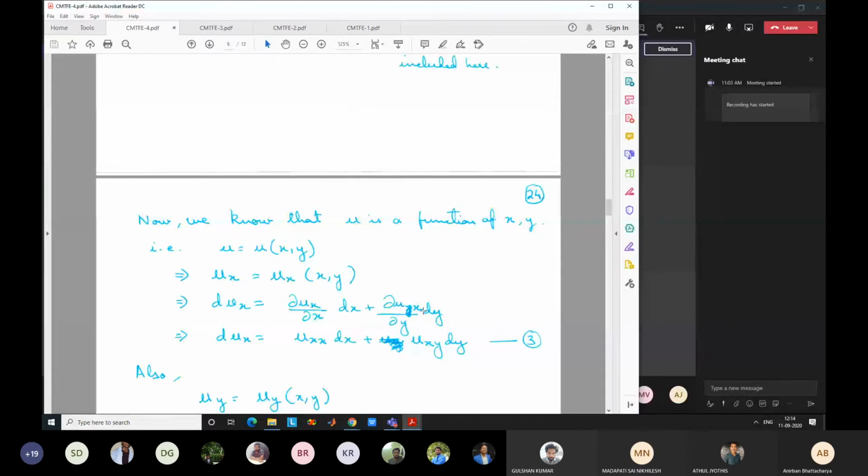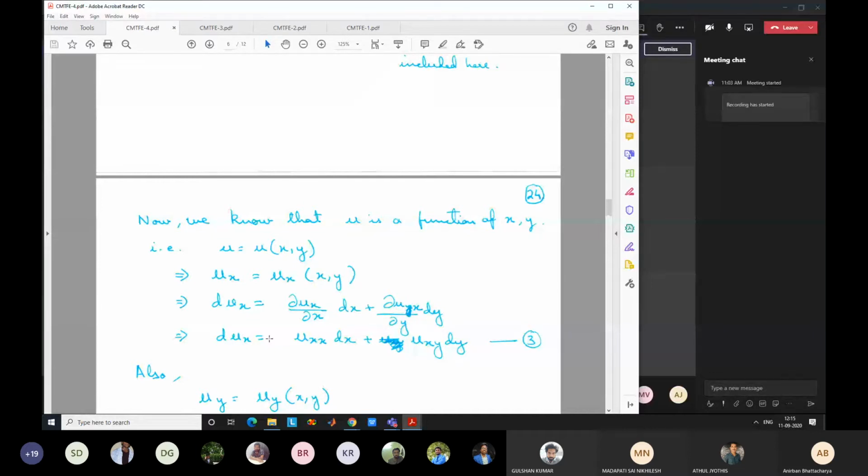This is a standard notation. Any function f of xy we can write df as del f del x dx plus del f del y dy. So similarly here, d of ux we can write as del x of ux dx plus del y of ux dy.